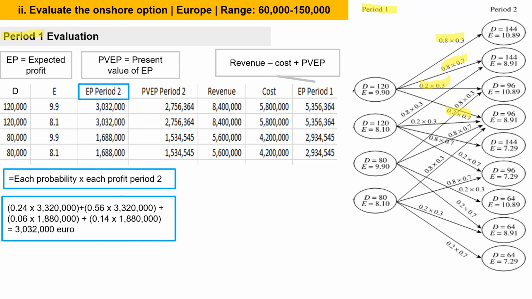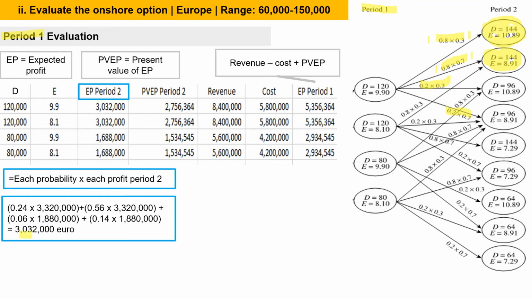So 0.24 we get from the note here, the 0.8 times the 0.3 times the profit here, which is 3,320,000 euro, plus the note here 0.8 times the 0.7, which is 0.56, times the profit in this note, that is 3,320,000 euro, and so on, and we got this number.